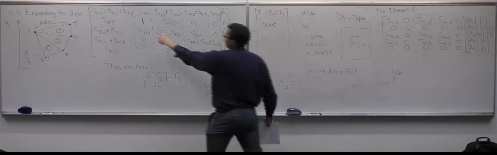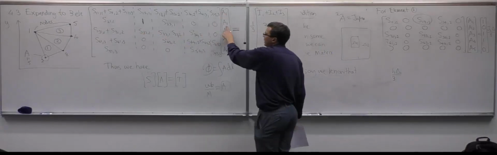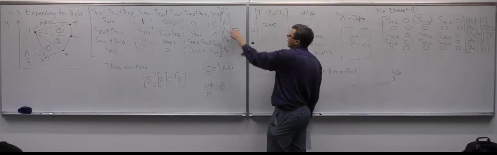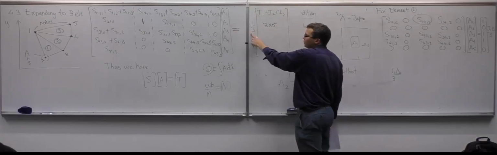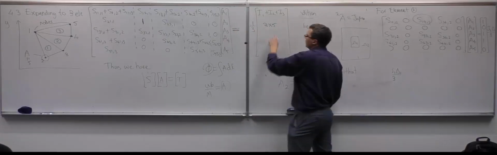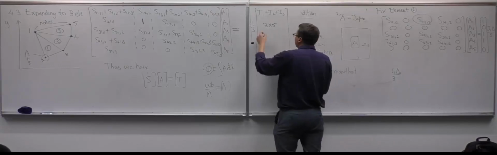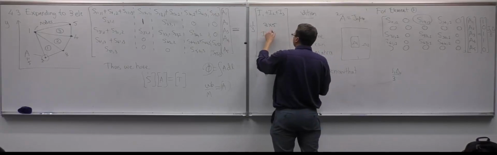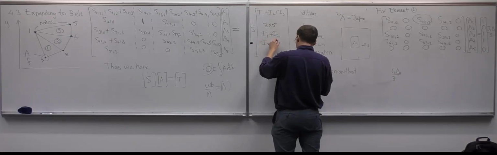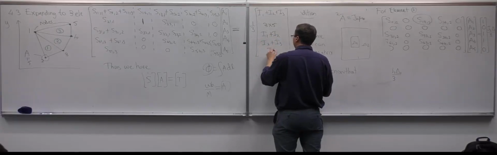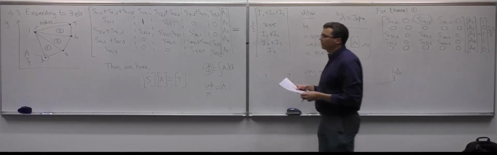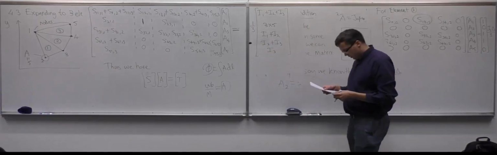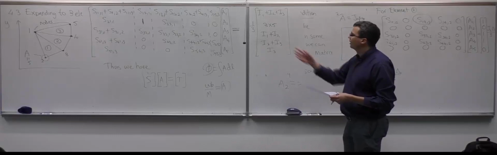Because if you multiply that, you'll get A2, and that A2 has to equal 5. Is 1 over 3 divided by 3 gives 5. And then this is I1 plus I2 plus I3. Does that make sense? So that's the boundary condition done.